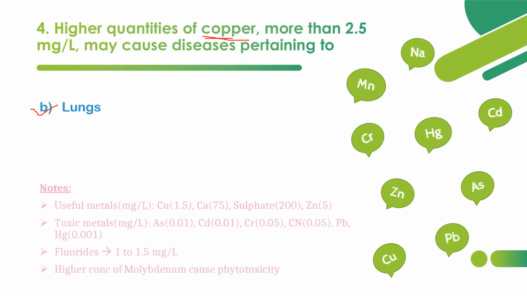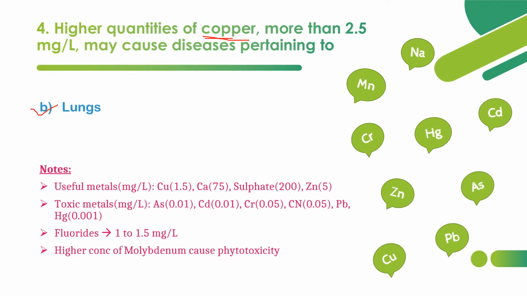Now let's see some other toxic metals. Toxic metals are such as arsenic, cadmium, chromium, cyanide, lead, mercury. These are some of the toxic metals that have to be absent in drinking water, and the maximum permissible limit is given in brackets. For example, for arsenic, it shall not be greater than 0.01 milligram per liter.